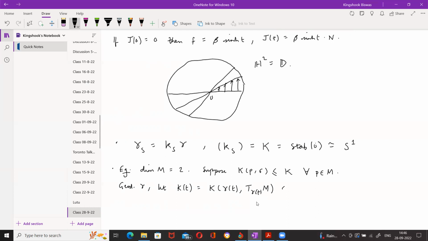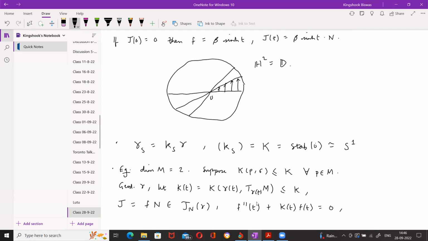This is going to be less than or equal to k. If I take J to be a normal Jacobi field, then what I get is f double prime(t) plus k(t) f(t) equal to 0.